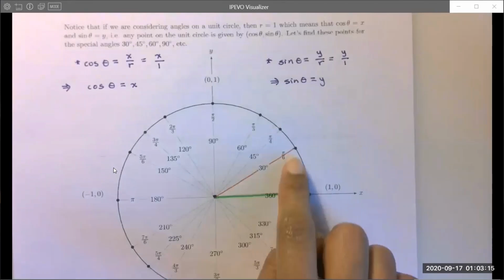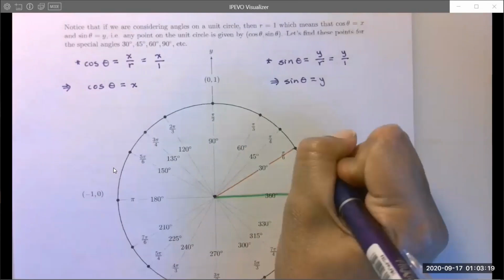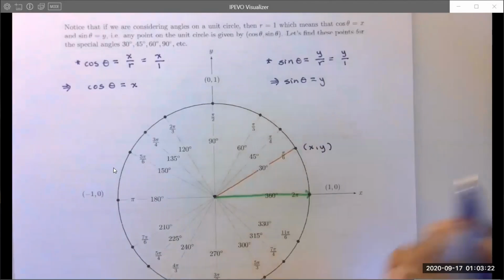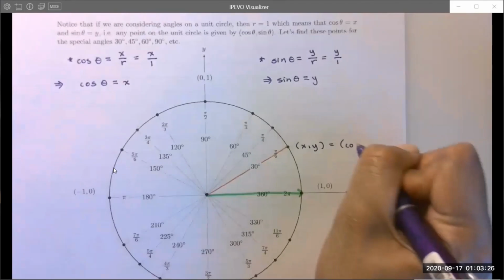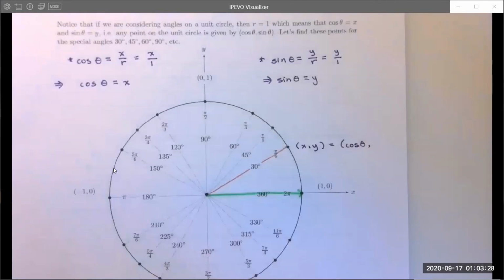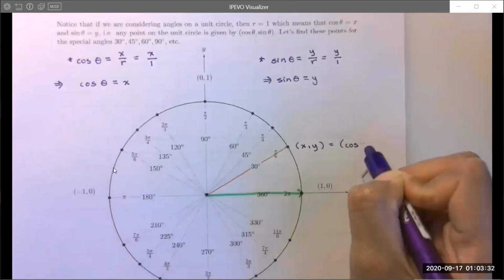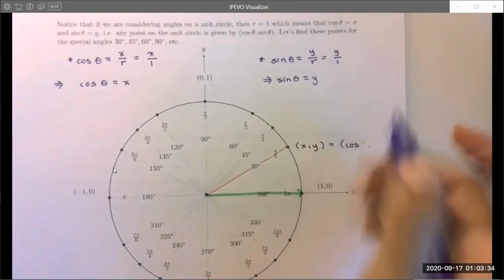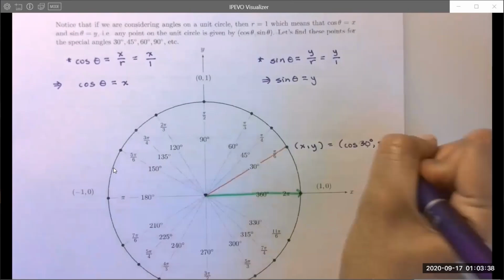So looking at this point, if I have x and y coordinates for it, the x coordinate will correspond to cosine theta, and actually theta here has a specific value, it's 30 degrees. So let me replace that in. Okay, it would be cosine of 30 degrees for the x, sine of 30 degrees for the y.